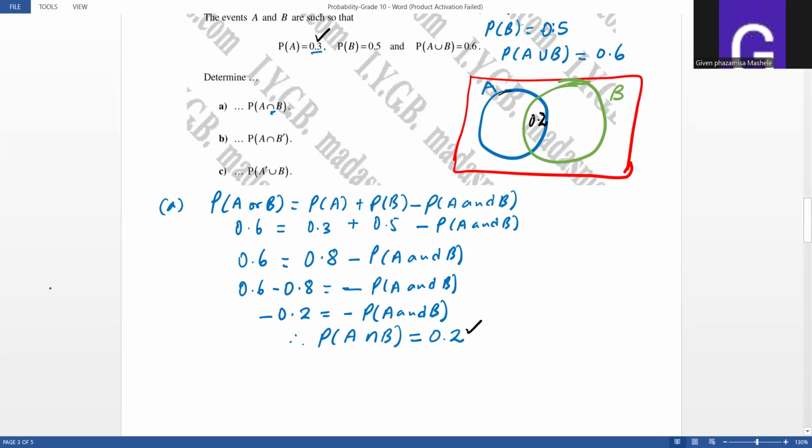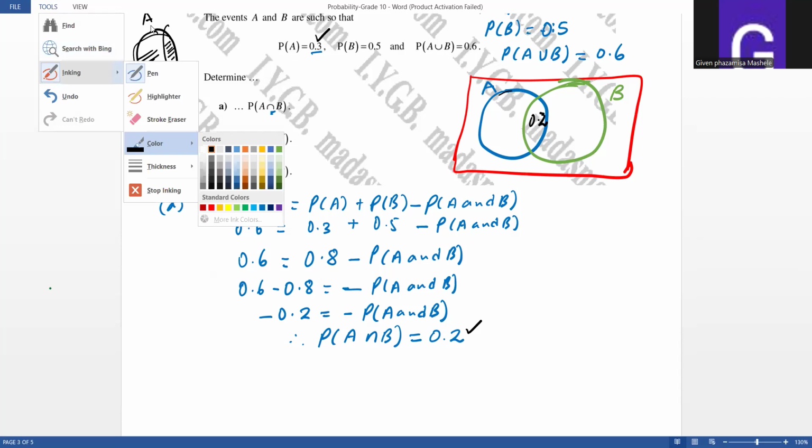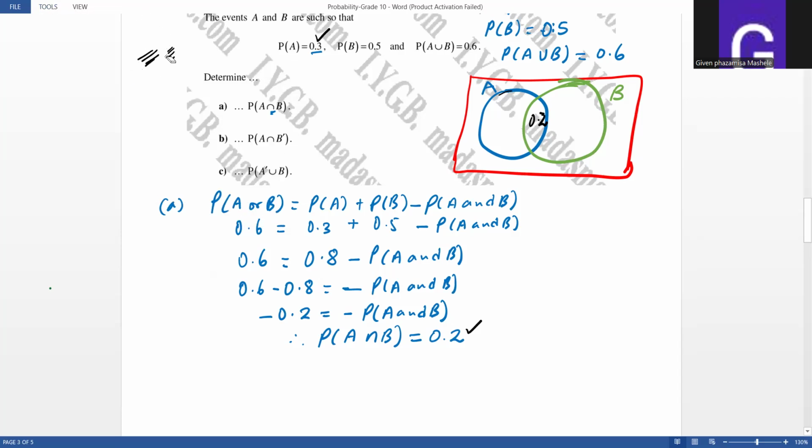Already we have 0.2 as A and B. So from the 0.3, we have to subtract 0.2, because the whole of this is A, and within this we have 0.2, which is A and B. So it will be 0.3 minus 0.2, which will be 0.1. So the probability of A only is 0.1.